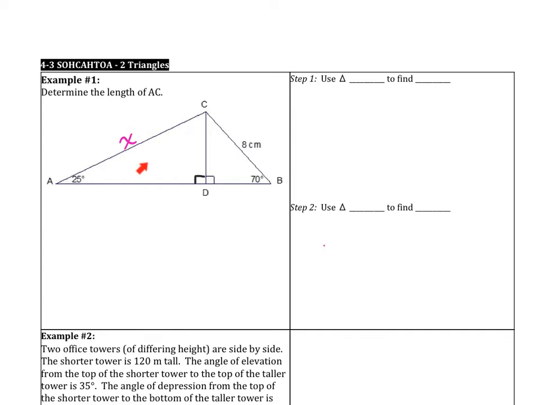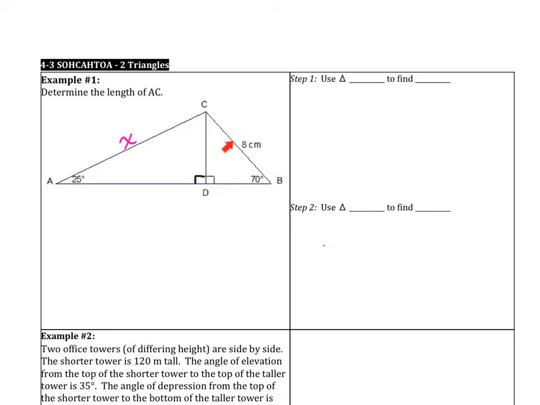So what would be nice is if we knew this side or this side, then we would be able to use either sine or cos to be able to figure out this missing side. And that's where this other triangle comes in. This triangle has three pieces of information, 1, 2, and the right angle is 3.